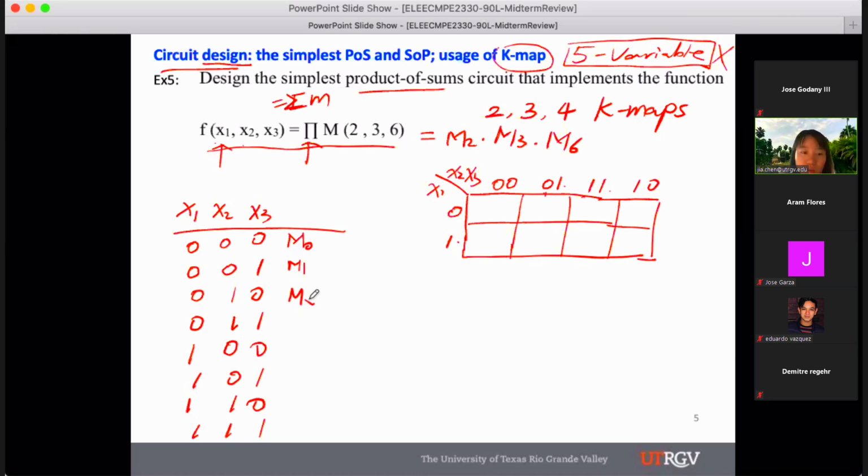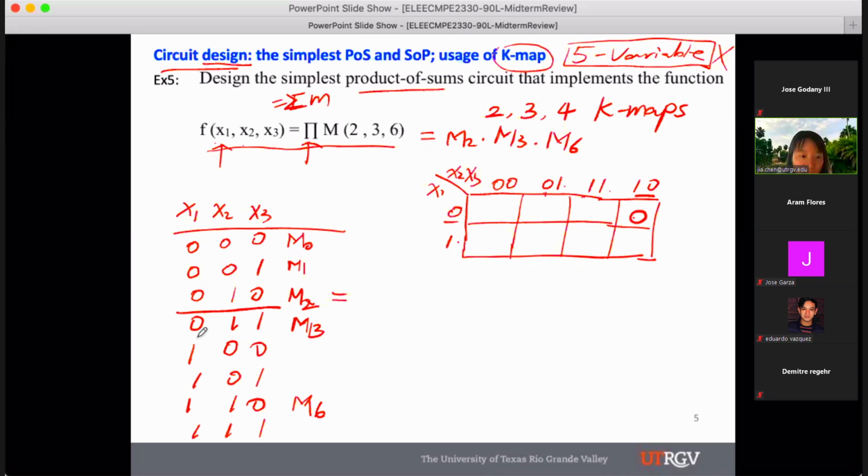So your M2, your M3, and let's say this is your M6. M2, as we said, means x1, x2, x3 are 0, 1, 0, right? So 0, 1, 0 is here. This is M2, so I put a 0 here.